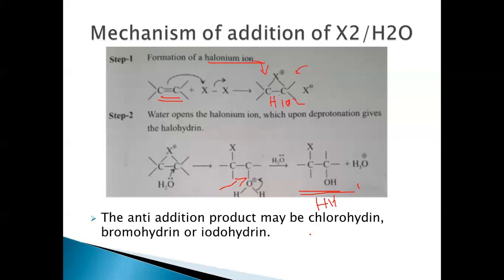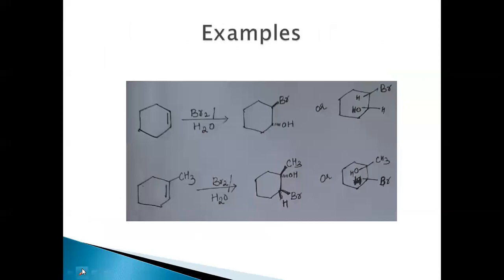So the product may be a chlorohydrin, bromohydrin, or iodohydrin, depending upon the reagent we are using, chlorine, bromine, or iodine. The respective products are formed here. Now in the next step, the deprotonation takes place, resulting in the formation of the halohydrin and a hydronium ion. Let's see a few examples of this.